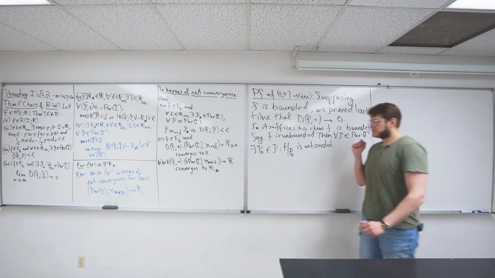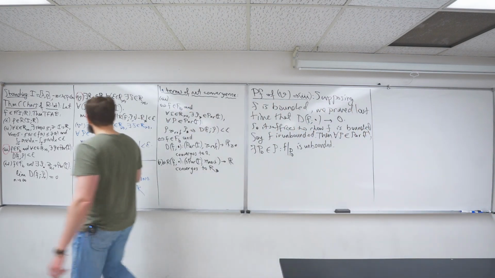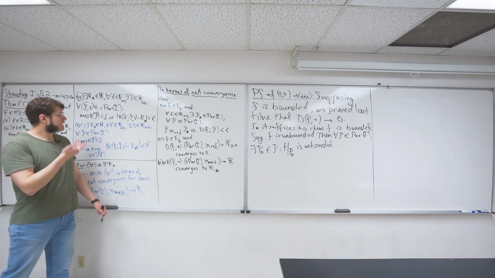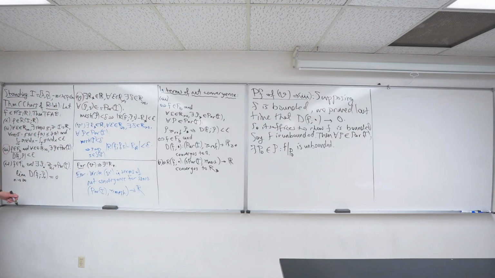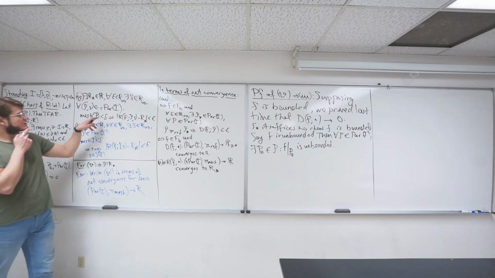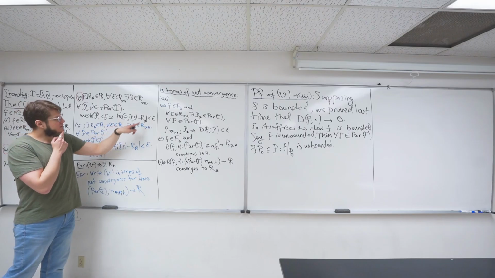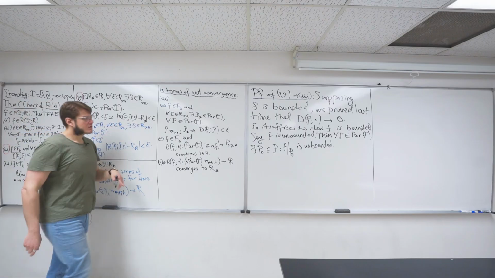I have 5 as an assumption. So for some real number r star, let's choose epsilon to be 1. Okay, there is a delta such that for any sampled partition, if the mesh is bounded by delta, then the Riemann sum differs from r star by at most 1.